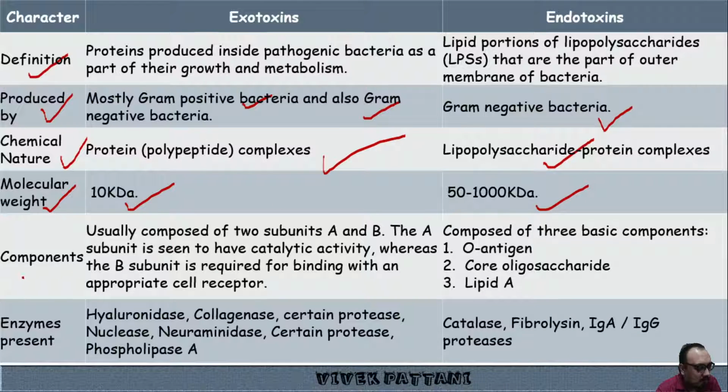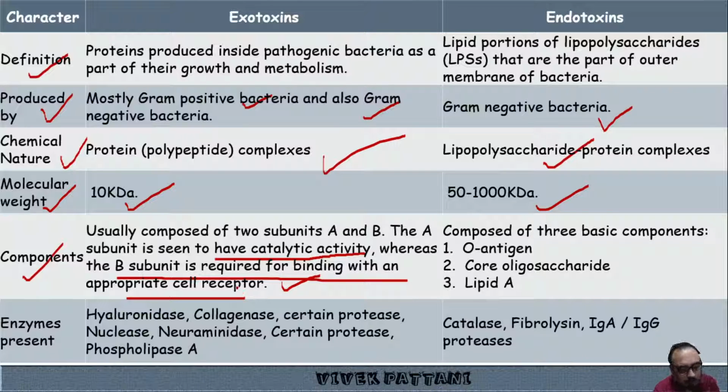Now, which are the components of the exo and endotoxins? Exotoxins are usually composed of two subunits, A and B. Subunit A has a catalytic activity, whereas subunit B is required for binding with the appropriate cell receptor.